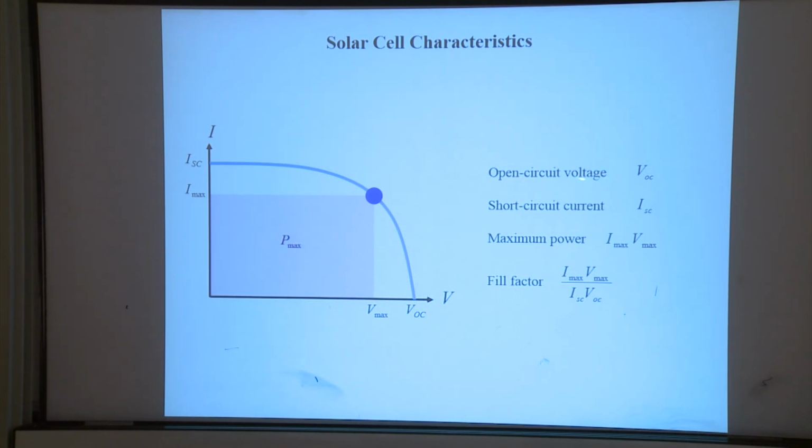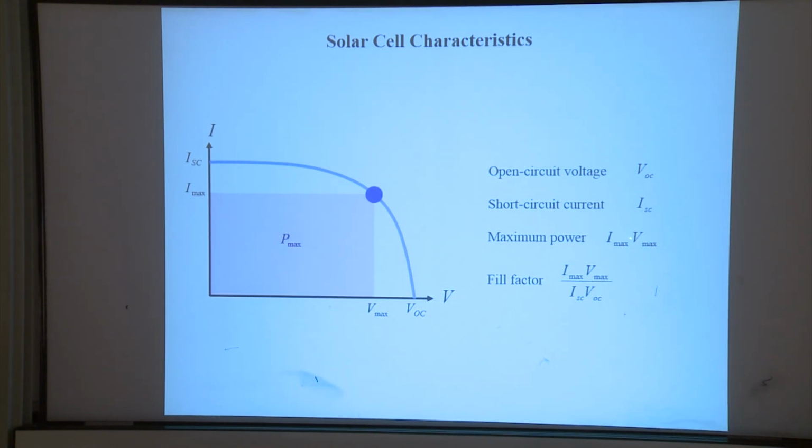Okay? So we already know VOC, short circuit current ISC, and maximum power is where the multiplication of IV gives you the maximum number. All right? The current corresponding to this point, we say it's Imax. It's not really the maximum current.